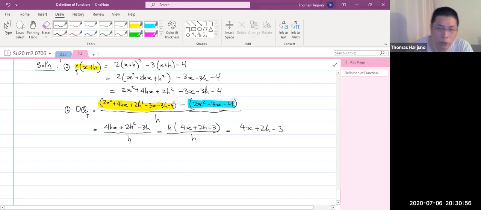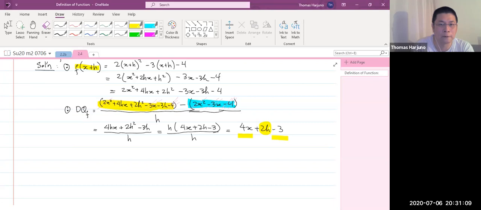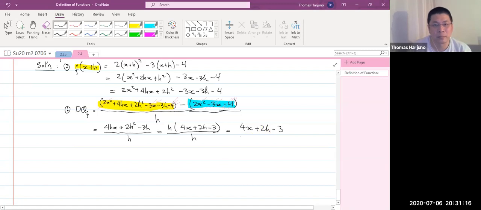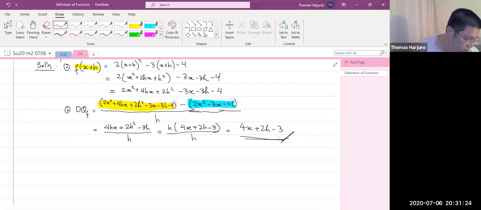Now, at this point, if you plug in h equals 0, this part becomes 0, but you still have 4x minus 3, right? It means you can now stop here. Okay.